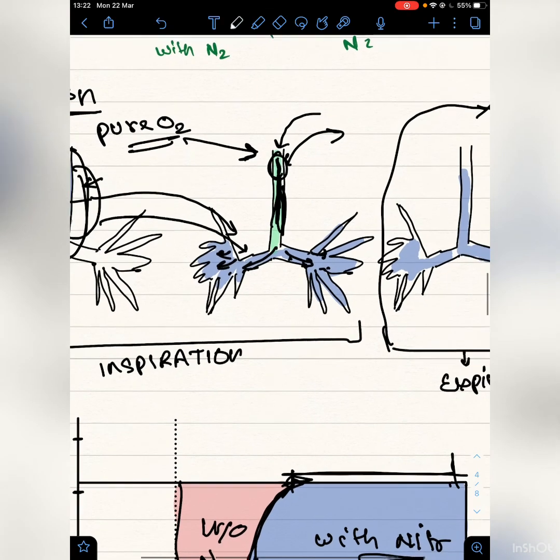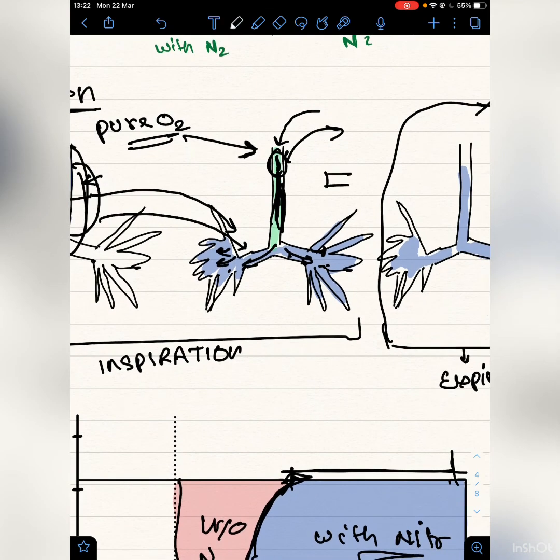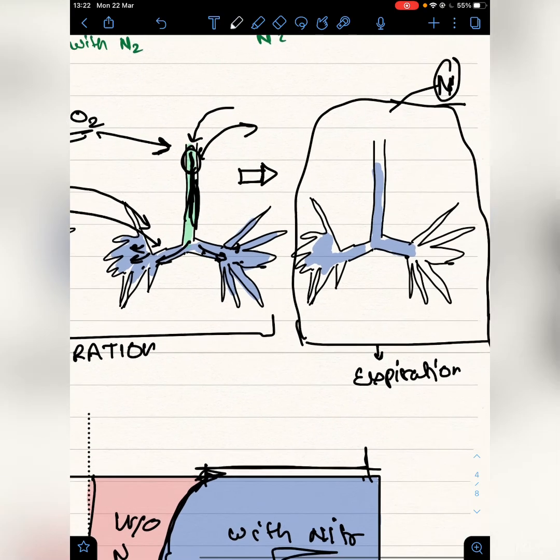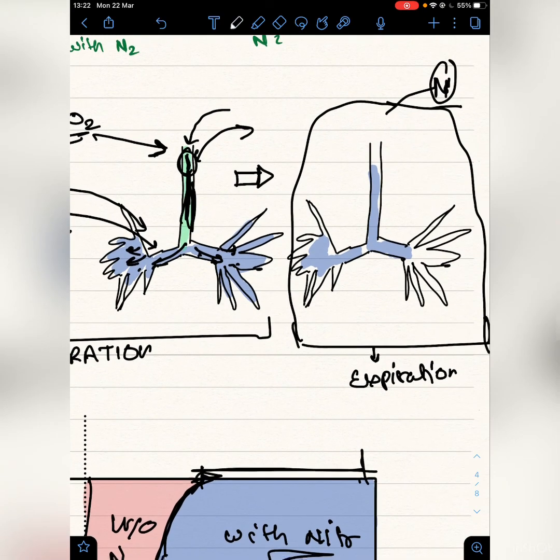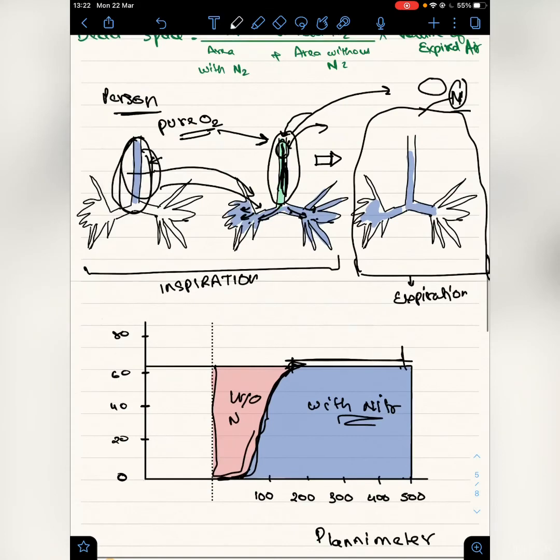And after that, when a person is asked to expire, this air is first removed as it is present in the upper respiratory tract. So that won't show any change in the nitrogen concentration on the nitrogen meter.